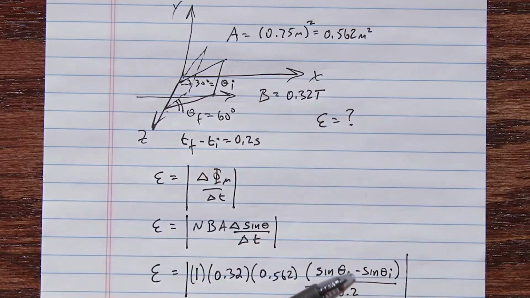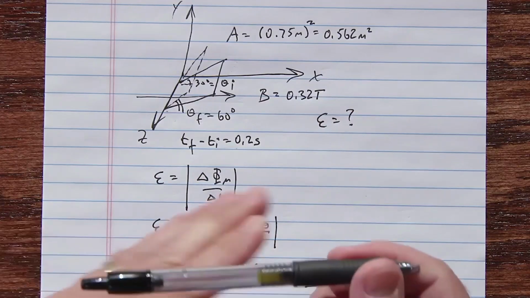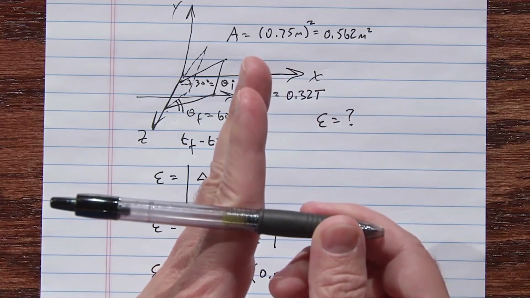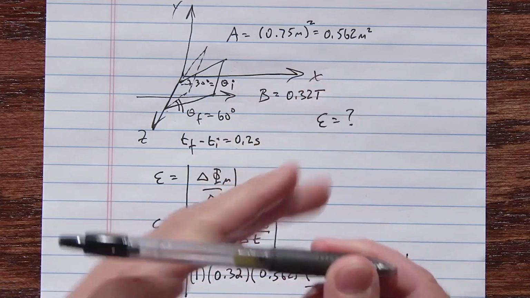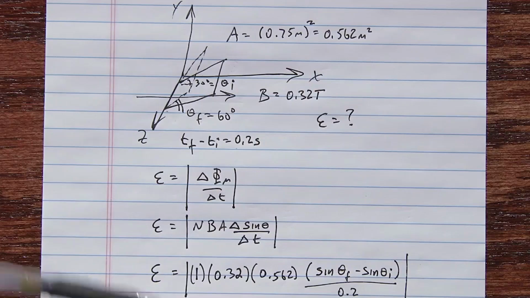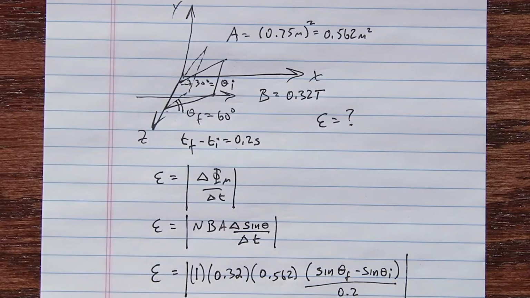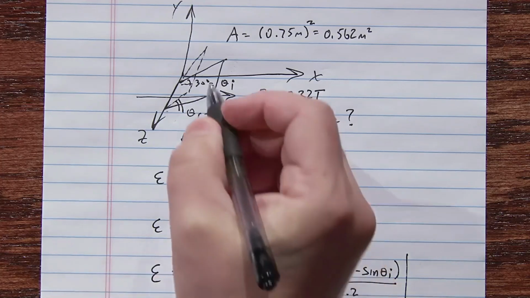And in fact, we saw that because the sine of 60 was greater than the sine of 30. Or in other words, there's more magnetic flux through the loop as the loop tilts upwards. So the magnetic flux is increasing through the loop, so the current in the loop will create a magnetic field in itself that opposes the increase in magnetic flux.